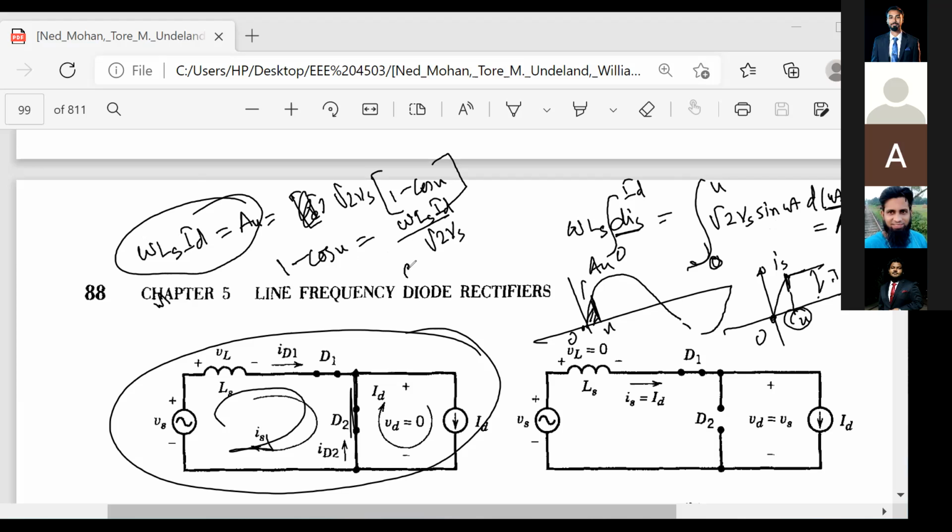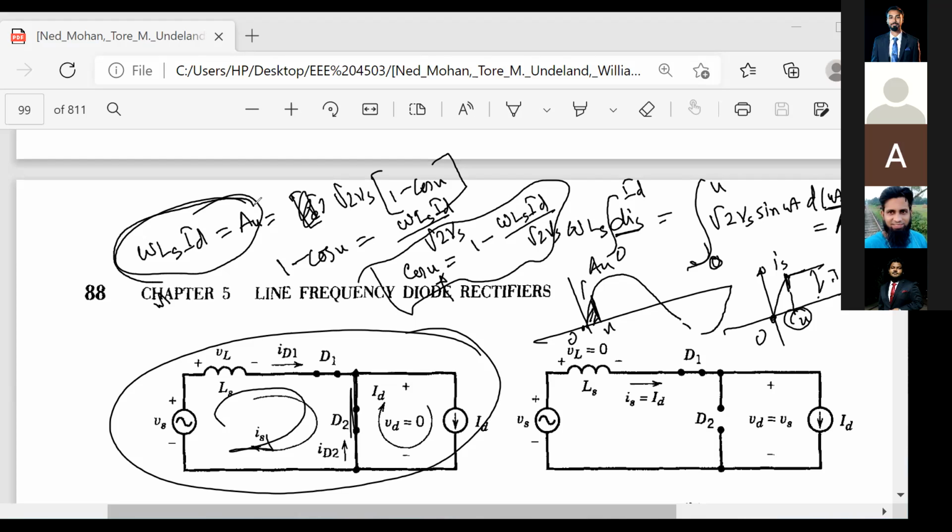If you want to find the expression of cosine U, it will be 1 minus omega Ls ID divided by root 2 Vs. This will be the expression of the commutation angle with respect to omega Ls ID and RMS value Vs. If you know omega, Ls, ID and the Vs RMS value, you can always find your commutation angle U.